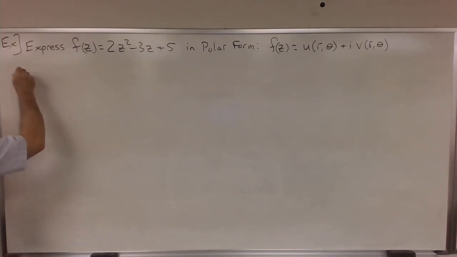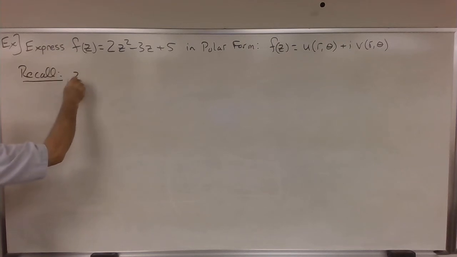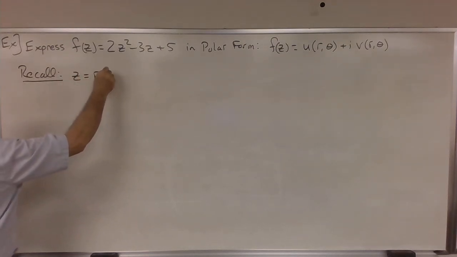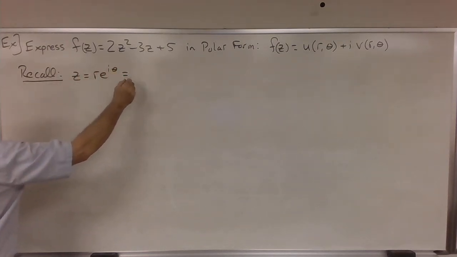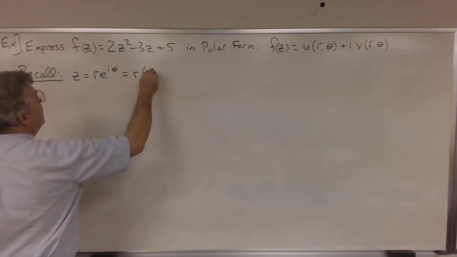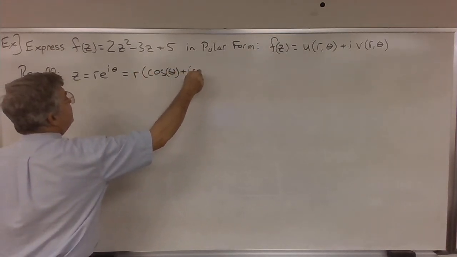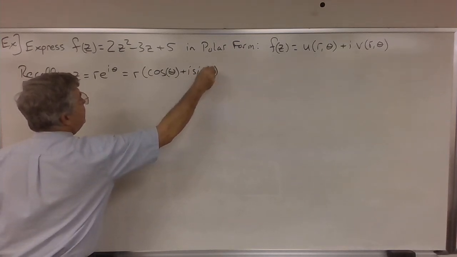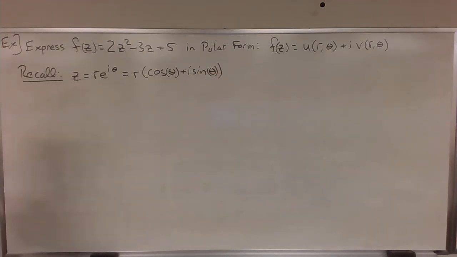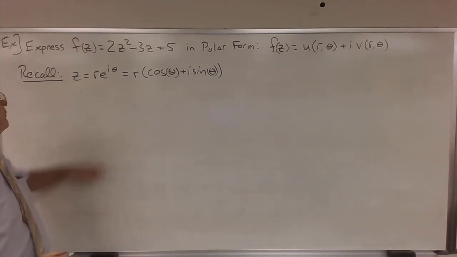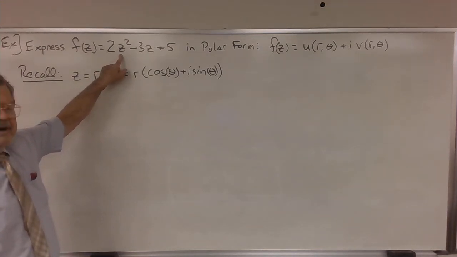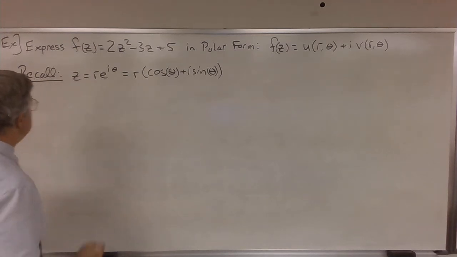So z equals r e to the i theta, which is r times cosine of theta plus i sine of theta. And everything's straightforward here except I'm going to need a z squared, so let me compute that.